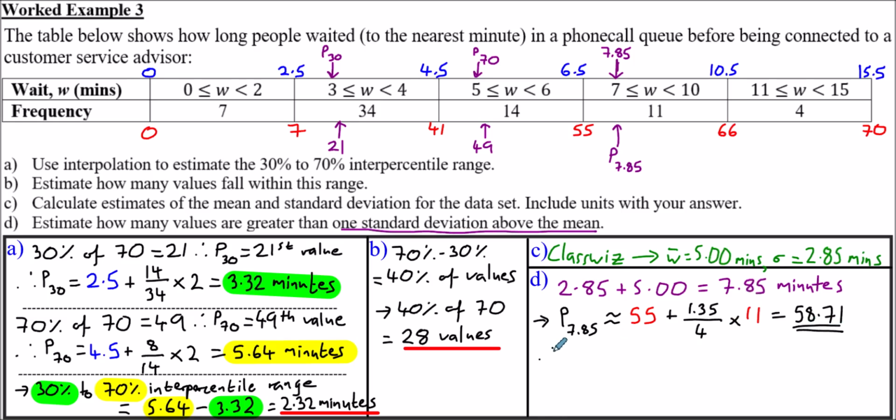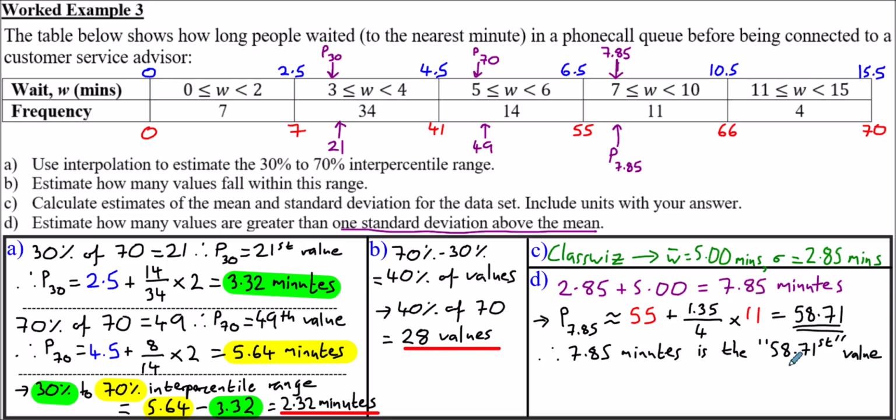So what this is saying is 7.85 minutes would have been, I'm going to put this in inverted commas as well because it doesn't actually exist, the 58.71st value. Now obviously you can't actually have in real life a 58.71st value. It's either 58th or 59th.